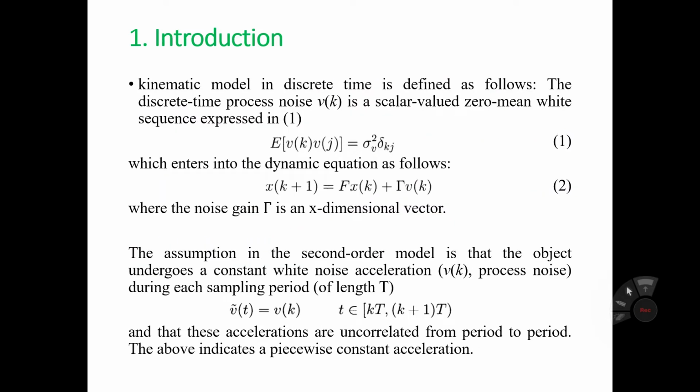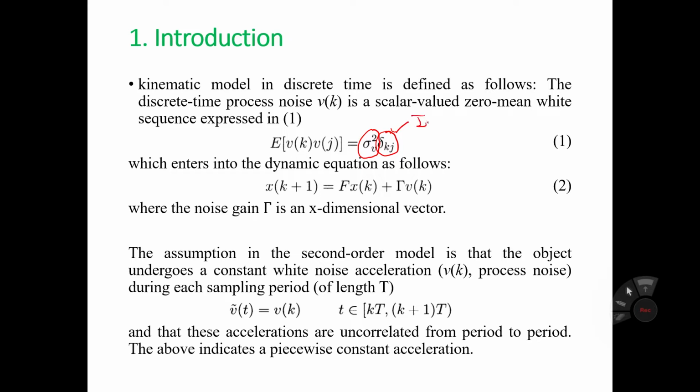The kinematic model in discrete time is defined as follows. As we have already discussed, taking an expected value of the process noise gives you a standard deviation, and this is the impulse.